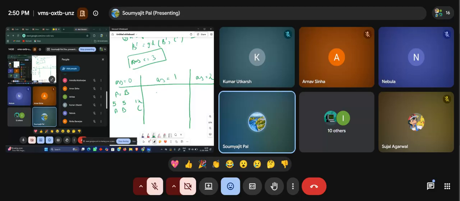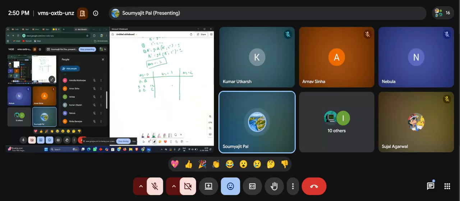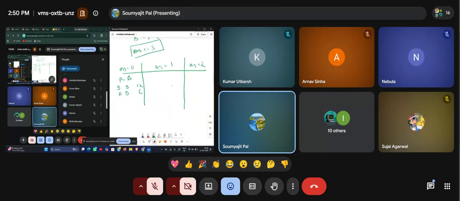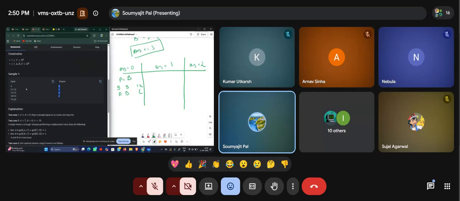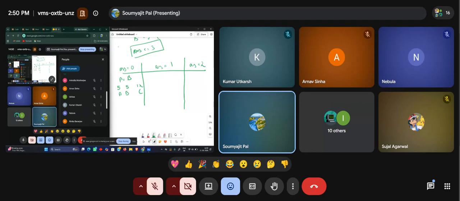Now when will our answer be 1? For example, if I take the sample test case 7, 6, 13 as A, B, C, our answer will be 1 when applying the type 1 operation only.